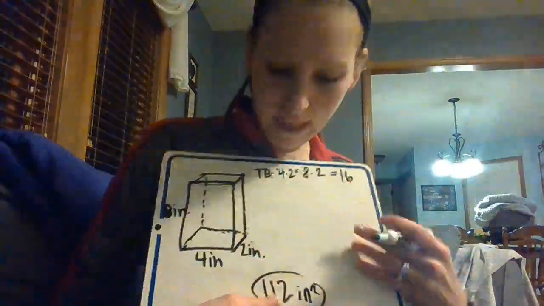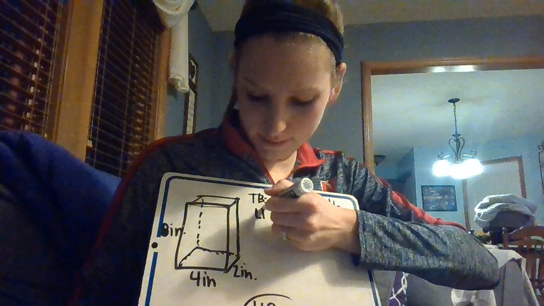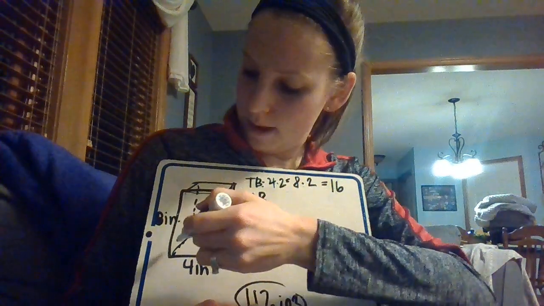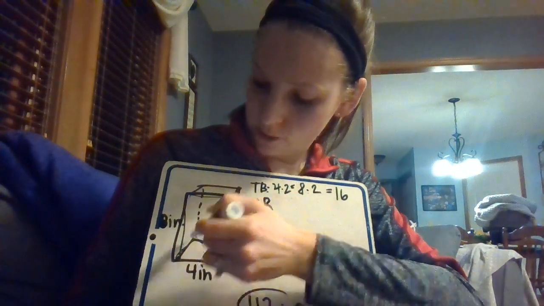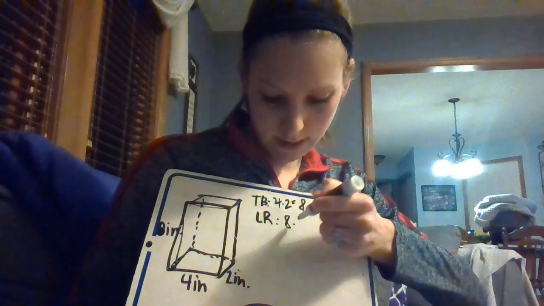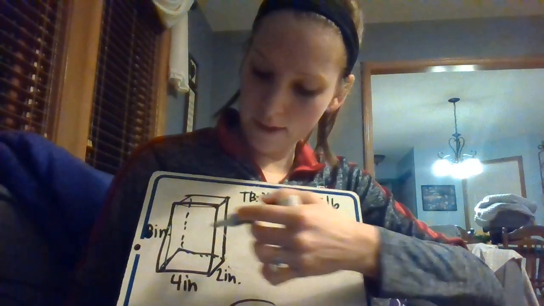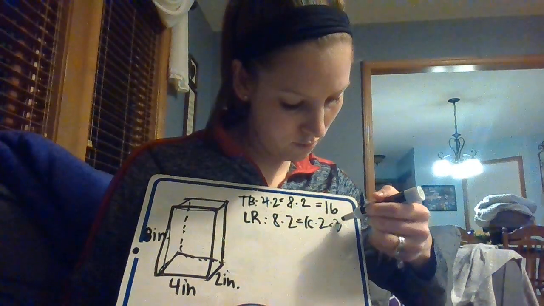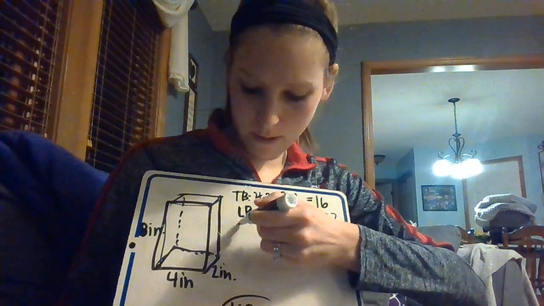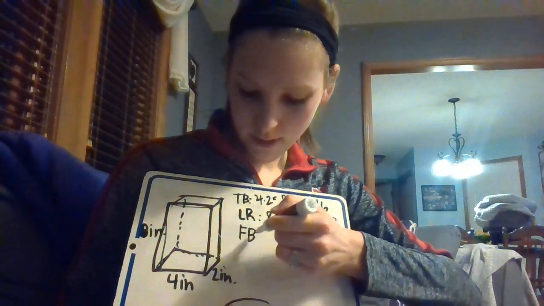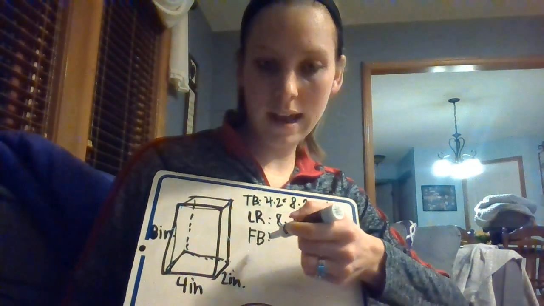Then I think about my left and my right, my left side and my right side. And my left side and my right side are 8 by 2. So 8 times 2 is 16 times 2, because there's a left and a right, that's 32. And then I think about my front and my back. So notice I've got all 6 sides listed out here.